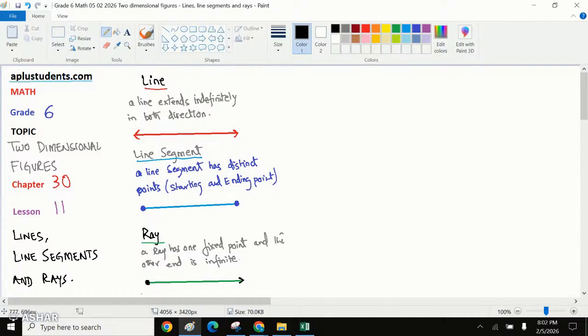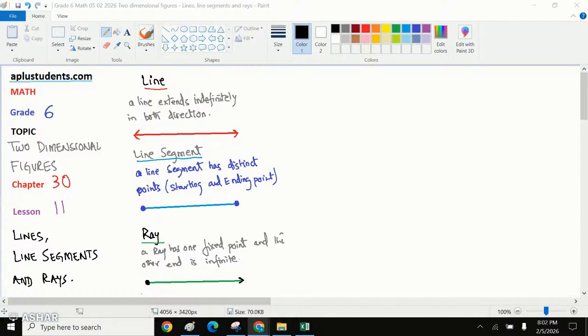So the difference between a line, a line segment and a ray, are we clear on this? A line can be extended indefinitely. A line segment is a distance between 2 points, and a ray has a starting point.